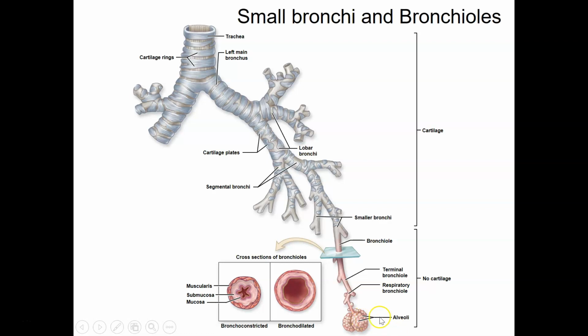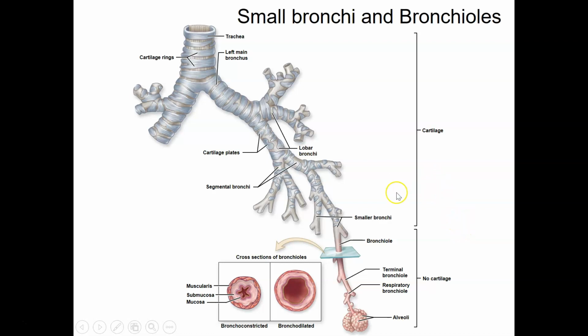Okay, so a little bit about the bronchioles too. I want to add on some information from the previous video. We ended with bronchioles, and I mentioned those are small tubes less than 1 millimeter in diameter.